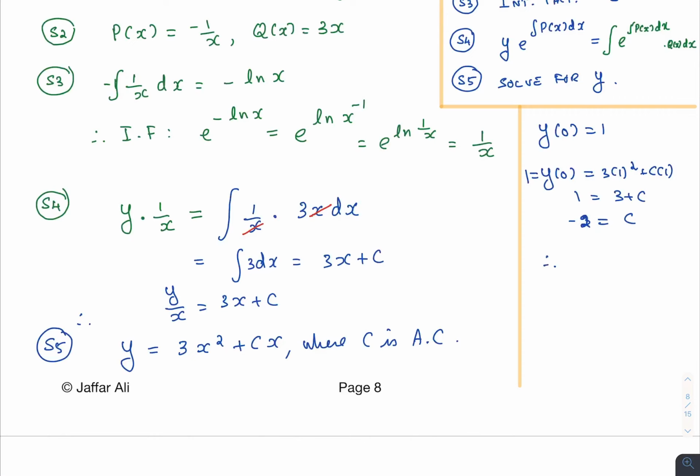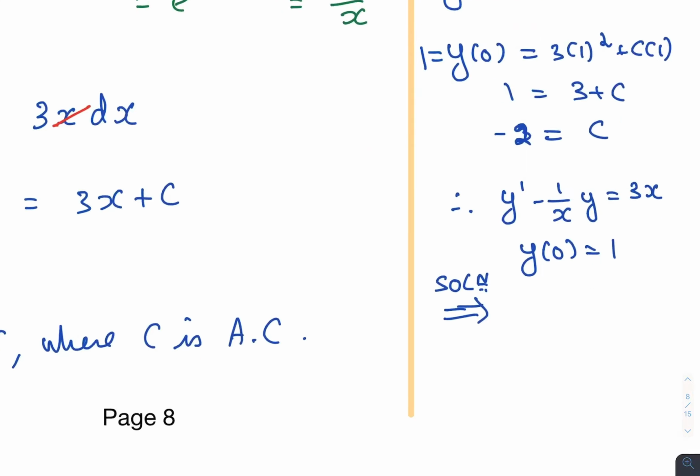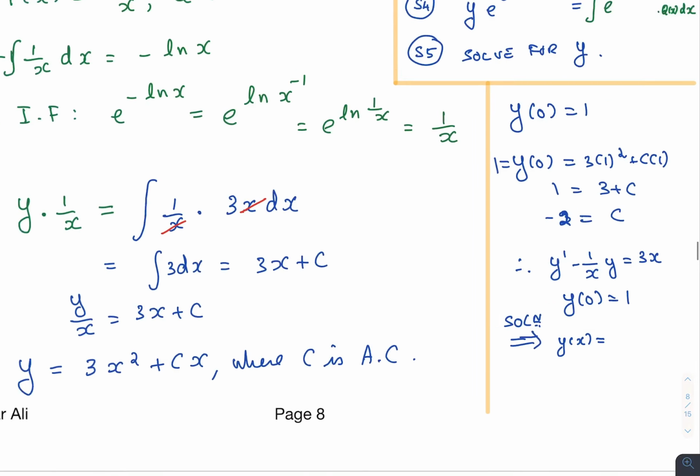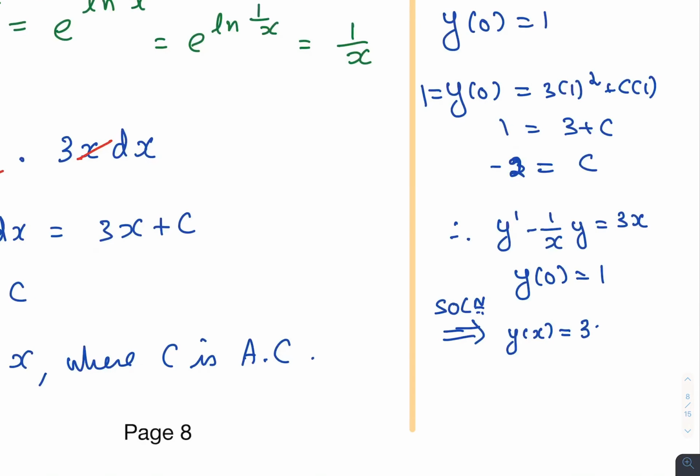And so, the solution to this initial value problem, y prime minus 1 over x y is equal to 3x, with y of 0 equal to 1, is y of x equals 3x squared minus 2x, right?